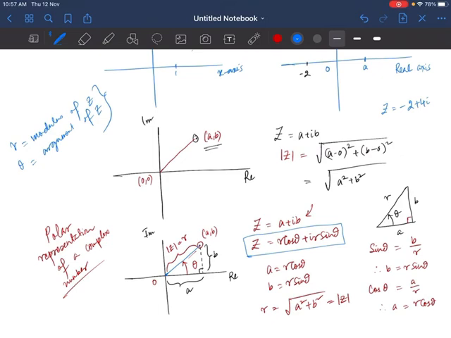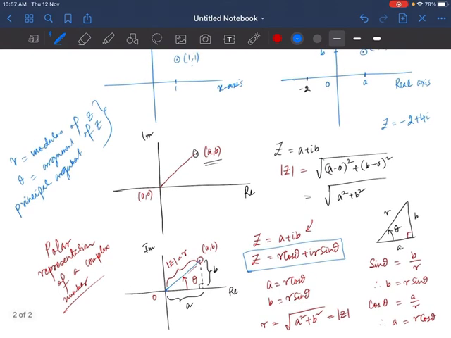Now another thing, the principal argument. What is the principal argument? If you look at the Argand plane carefully, what is the maximum angle we can see? It starts from 0 and ends at 2 pi, almost 360 degrees. So the angle varies from 0 to 2 pi, right?